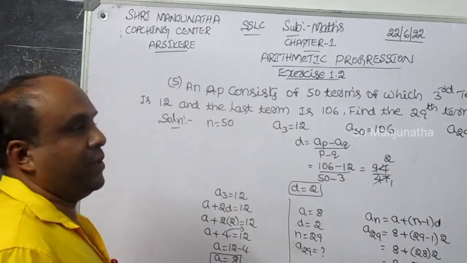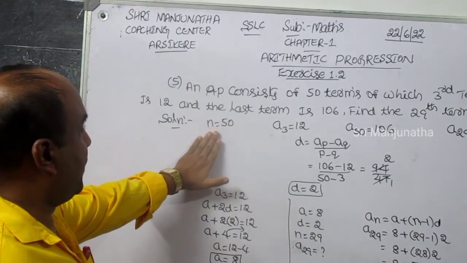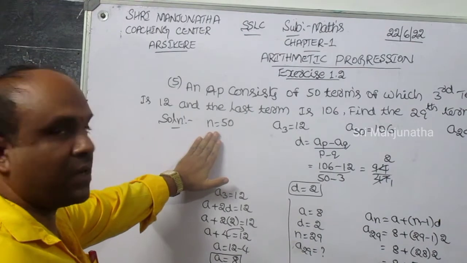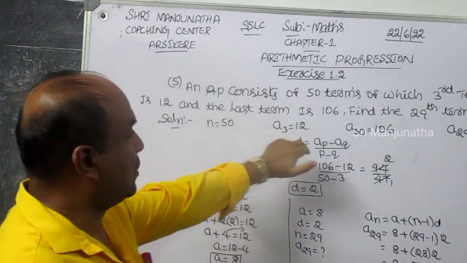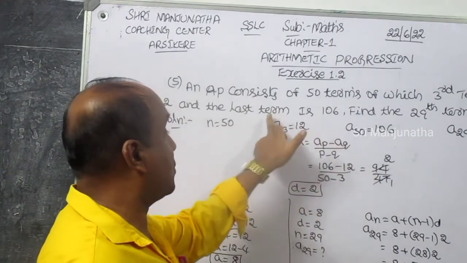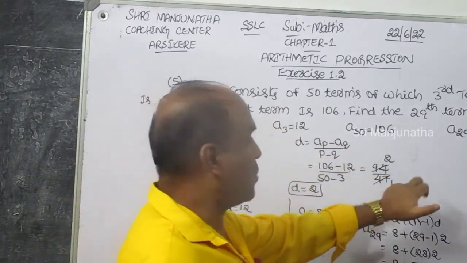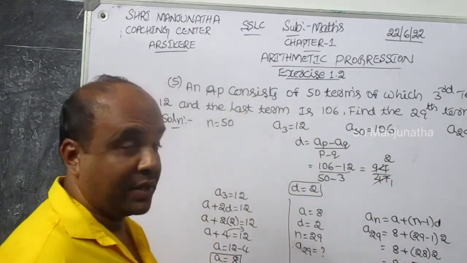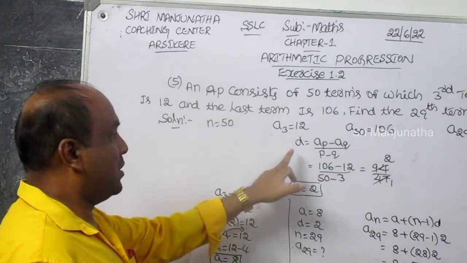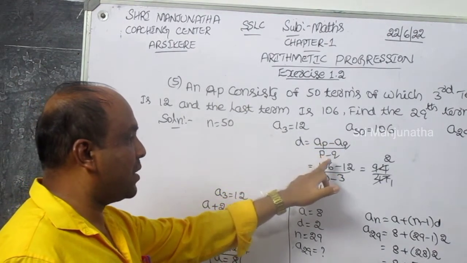Okay, I have to explain this problem once again quickly. 50 terms are there in the arithmetic progression. The third term is 12. The 50th term, the last term, is 106. We have to find A29, the 29th term. The formula is (AP minus AQ) divided by (P minus Q).